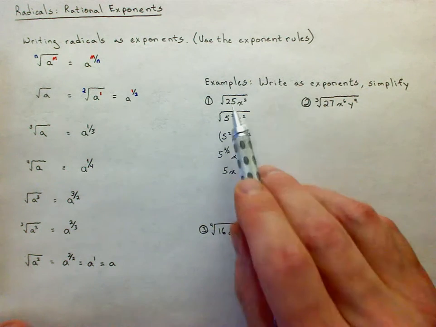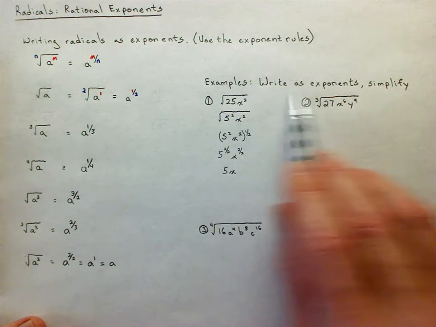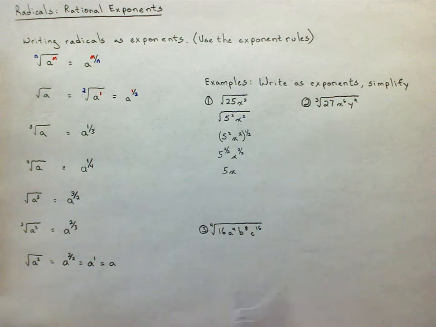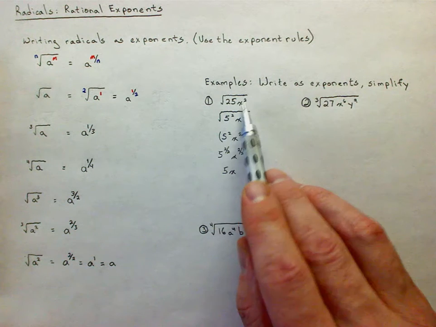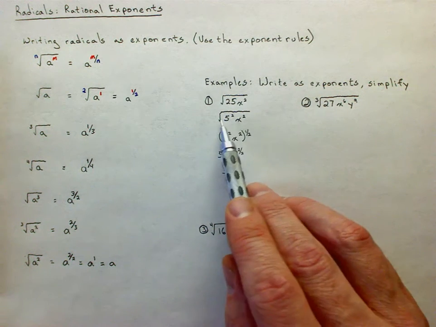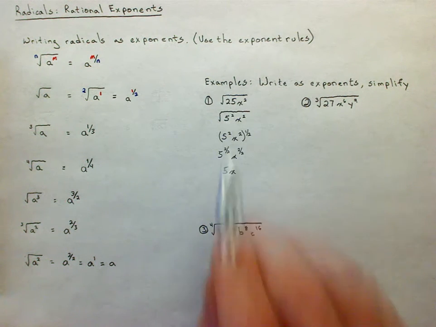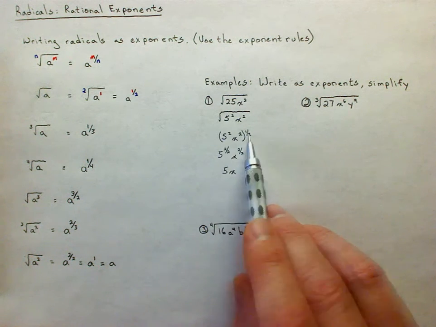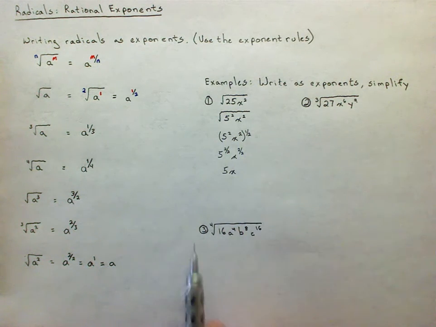You're going to be given the radical symbol, and what you need to do is write it as an exponent and then simplify. So here's the first example. I have the square root of 25x squared. Well, I know that 25 can be rewritten as 5 squared. So I will take my radical and write it as an exponent: 5 squared, x squared, all to the 1/2 power.